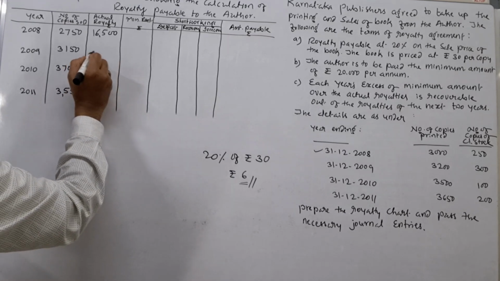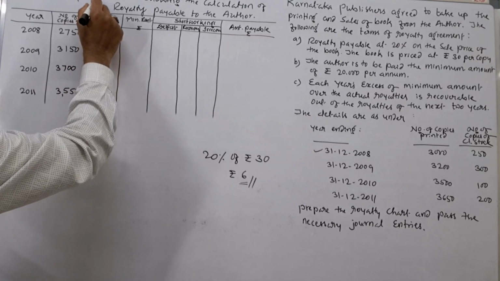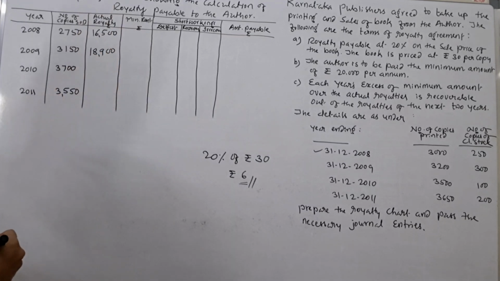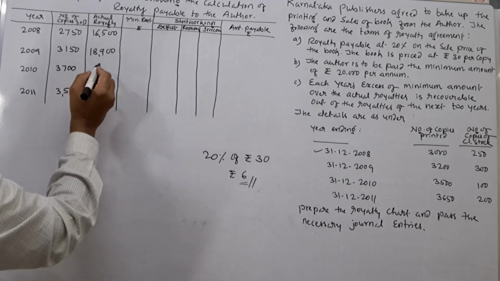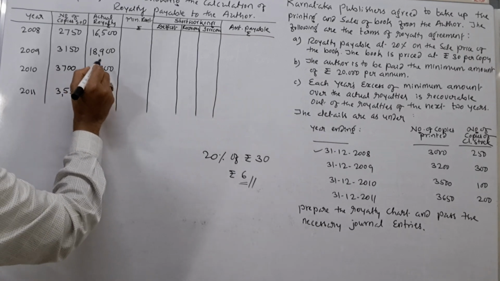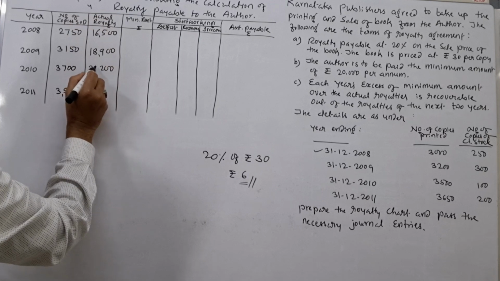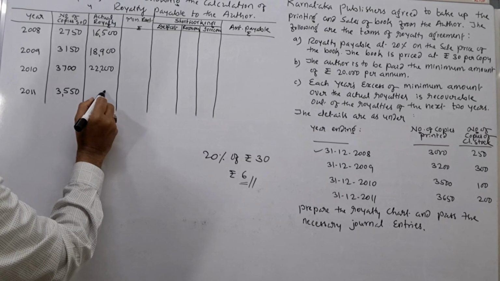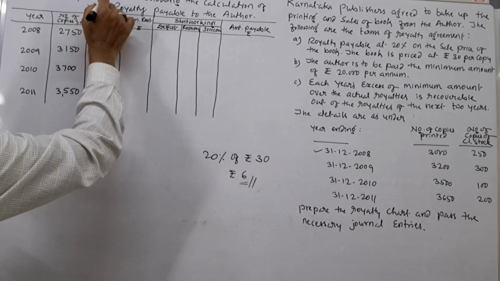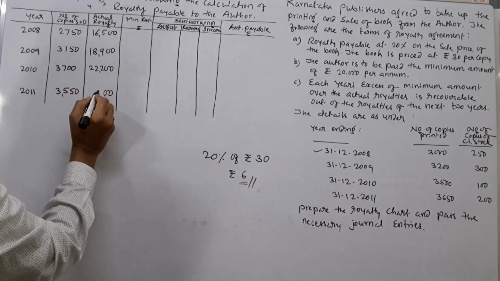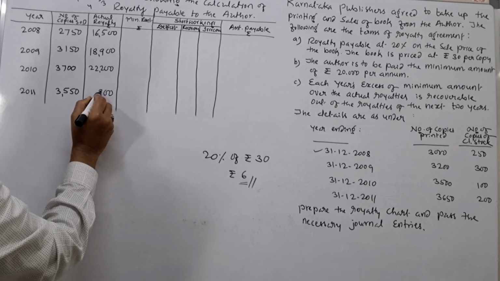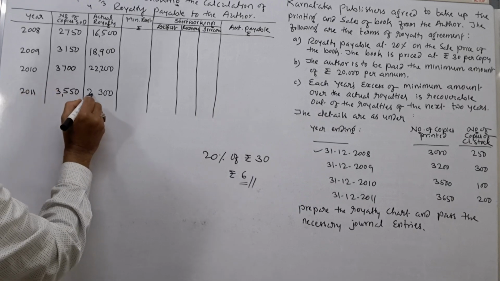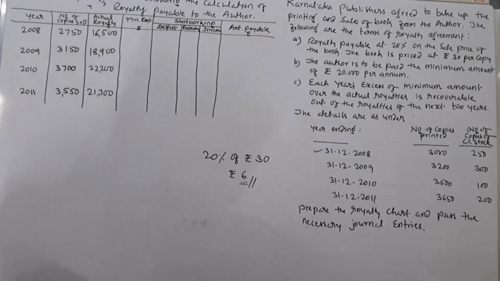Next one, here you calculate: 18,900 in the next year, 22,200 in the third year, 21,300 in the year 2011.